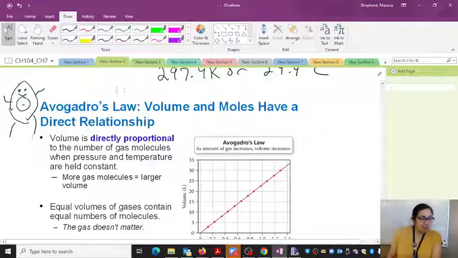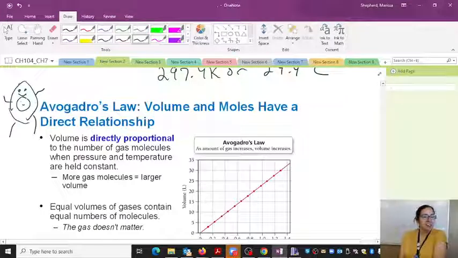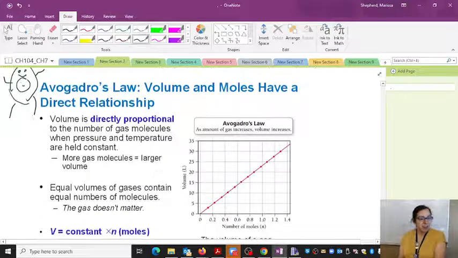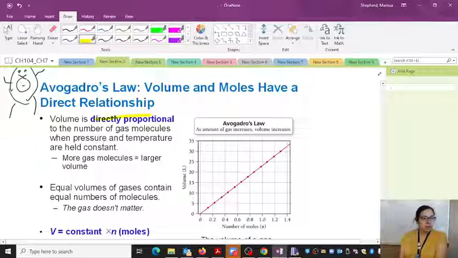All right, so Avogadro's law. Now that we all have avocados on the mind. We're looking at the relationship of volume and moles, again keeping everything else constant. Volume is directly proportional, once again, to the number of gas molecules when pressure and temperature are held constant. And this makes sense.